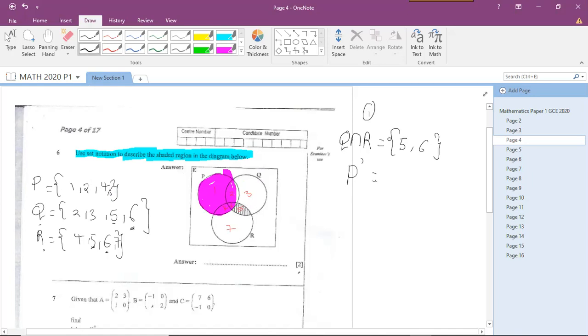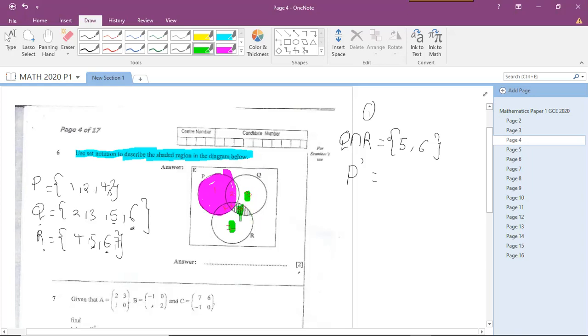So what is P complement? A complement means you get the set and you list elements that are outside this set. So set P is 1, 2, 4, 6, meaning P complement will be 7, 5, and 3.